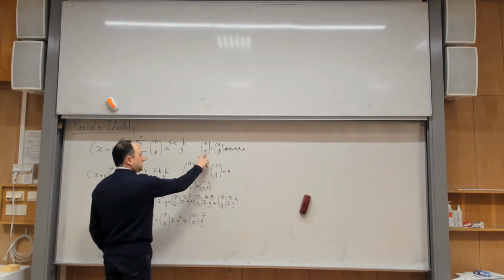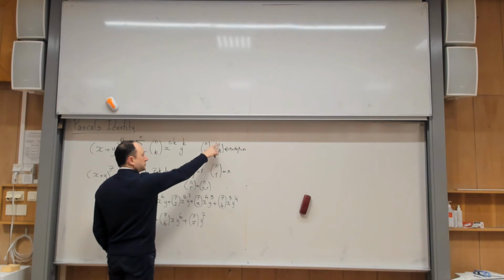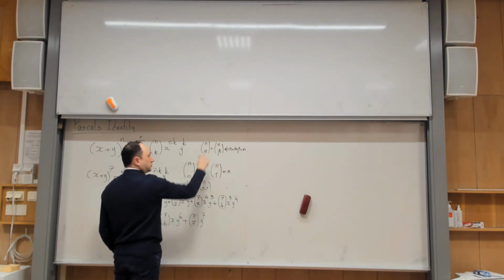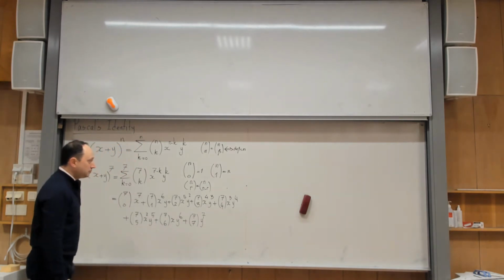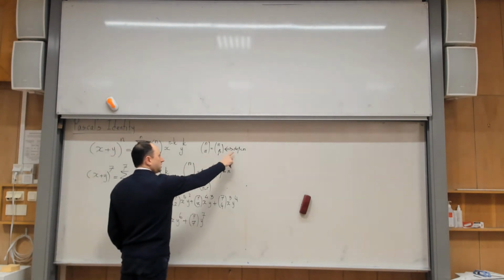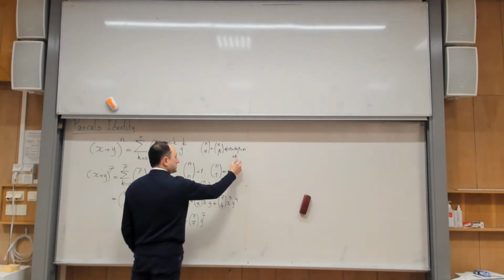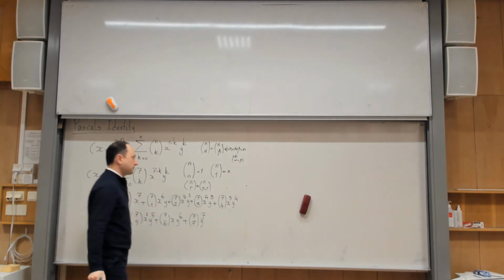If the sum of these two numbers is equal to the number on top, then n choose alpha is definitely equal to n choose beta. And it can be shown that if this is the case, alpha plus beta should be n, or of course alpha is equal to beta, which is the trivial case.